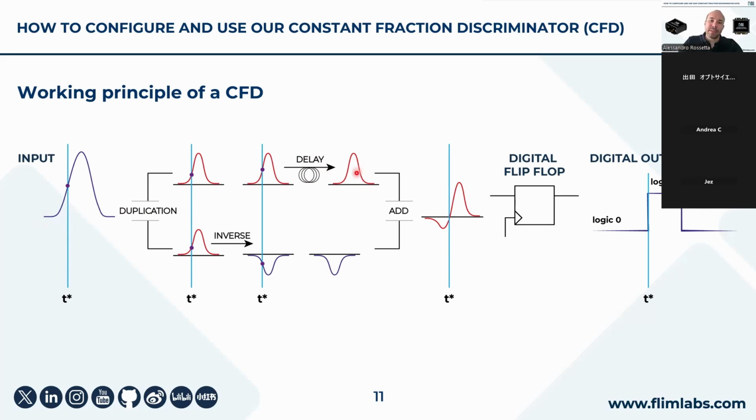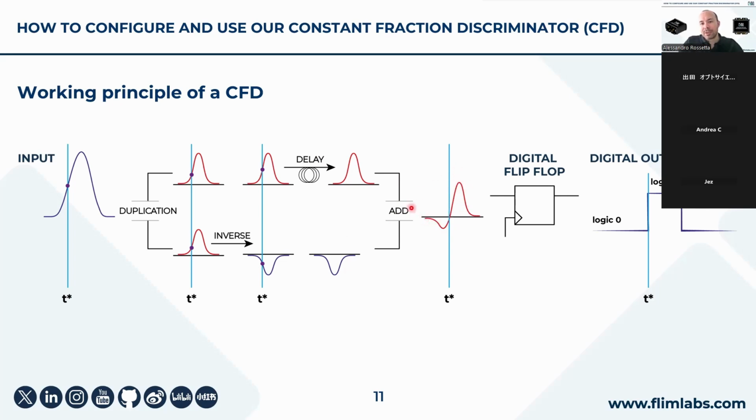So now we have two identical copies of the same signal, but one is inverted and the other is a little bit delayed, so it's shifted in time. At this moment, the inner circuit of the CFD adds the two signals together, so that we have a signal with this shape.